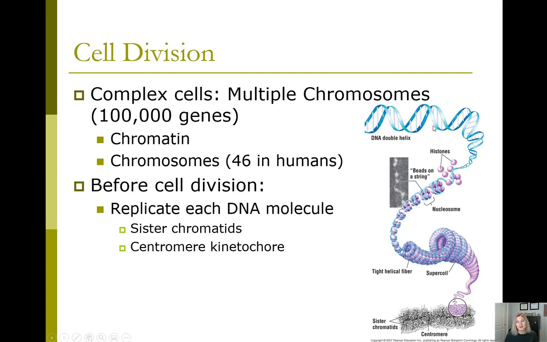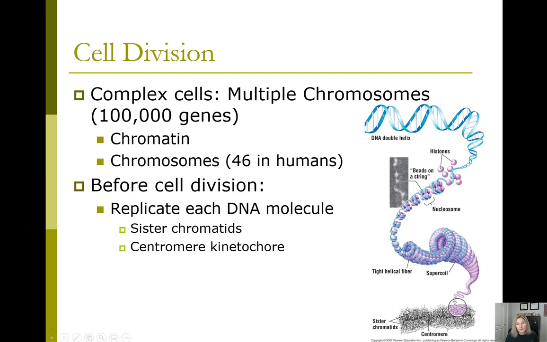The DNA is just this long string, this double helix. And in order to pack it into a tight space, like this tiny nucleus, the DNA winds around the histones. You can see how it winds around the histones to compact until we end up with a chromosome. Now, before cell division, that chromosome needs to undergo DNA replication, so that when cell division occurs, each of the daughter cells gets a copy.